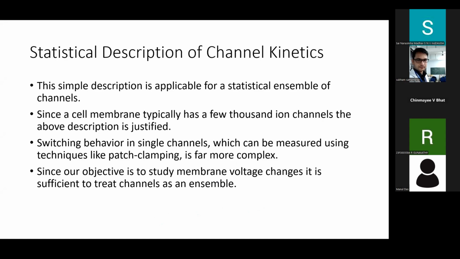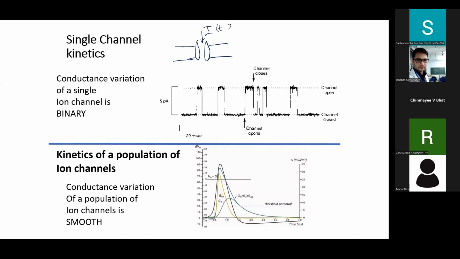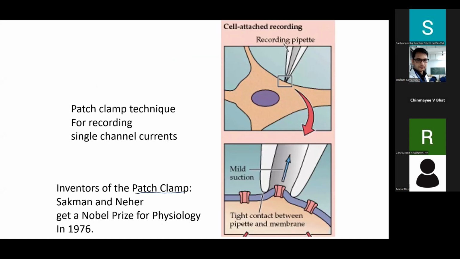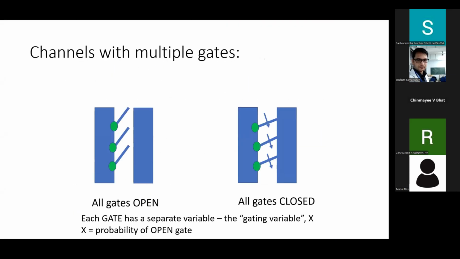They said you can't think of the entire channel as one entity which is going between two states. You need to think of the channel as having multiple portions inside it. Suppose I think of a toothpaste tube, or a long cylinder or a pipe.